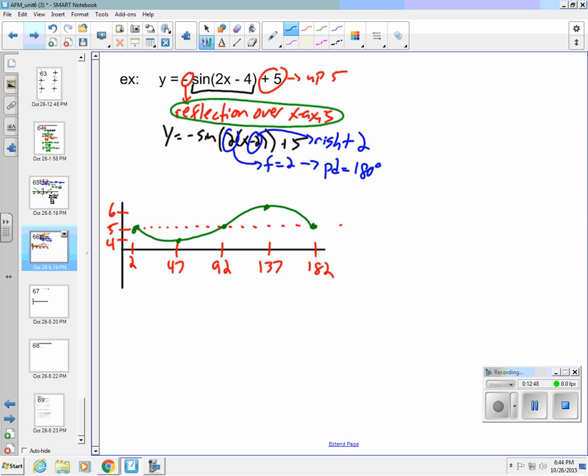Again, we can look at all the different features of the function. So domain isn't changing, that's going to be all real numbers. The range, because the vertical shift is going to change now, it'll be between 4 and 6.